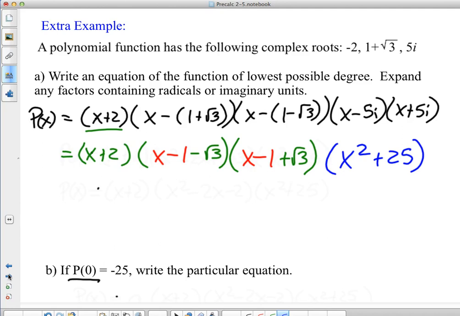Feeling comfortable with them? One of the things I want you to start paying attention to is my leading term in a difference of two squares. This is a difference of two squares in my head.